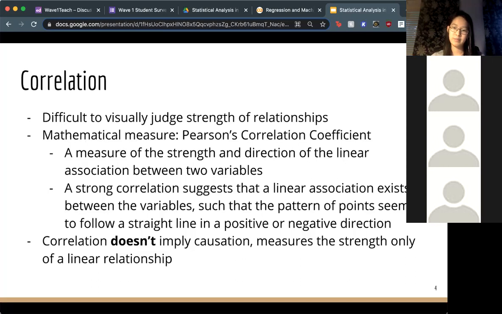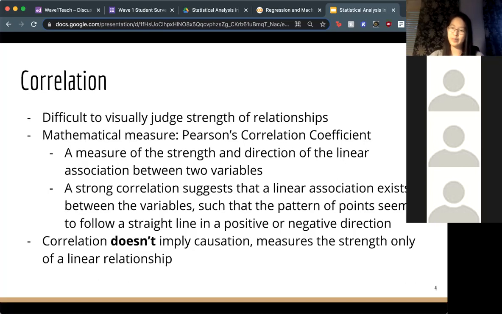This measurement, similar as a notion, helps you determine quantitatively whether this thing is valid or not. The correlation coefficient is represented by r, and it is a measure of the strength and the direction of the linear association.